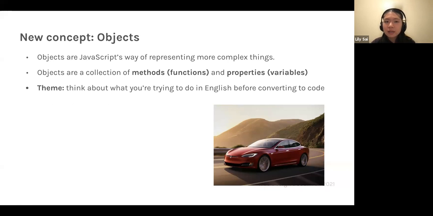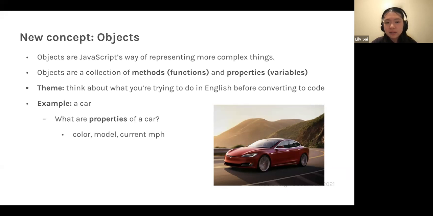So when we're trying to convert these real life objects into code, like JavaScript objects, we want to think about what we want to do in English before we convert it to code. So for our example, this red car in the photo, we can think about some of the properties of a car.